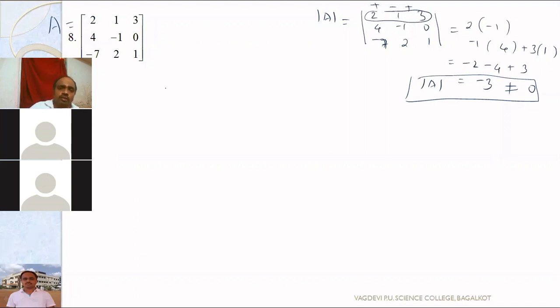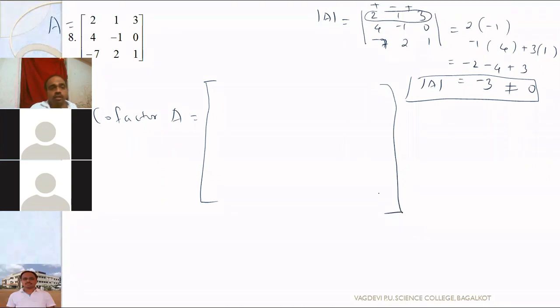Now start cofactors. Cofactor matrix of A. Put a big bracket like this. Why? It's a 3 cross 3 matrix. When you delete the row and column, we get a 2 cross 2 determinant. You have to write all those.